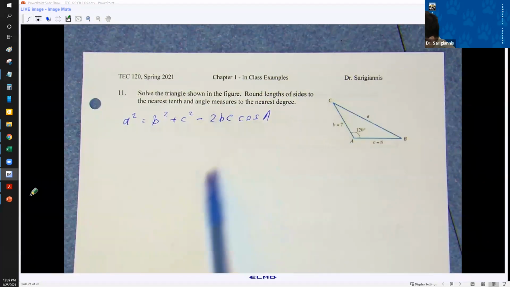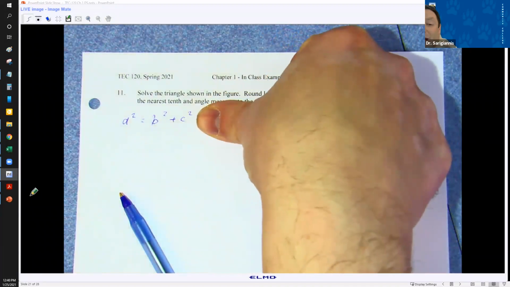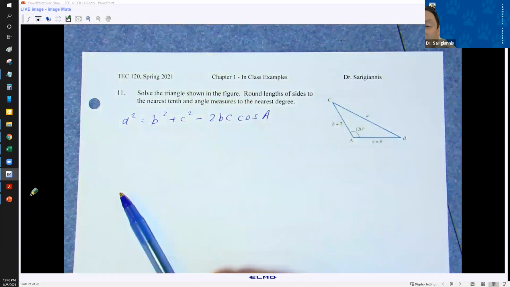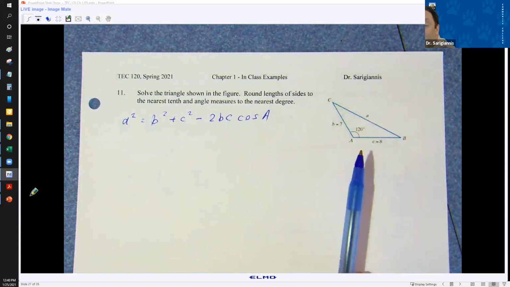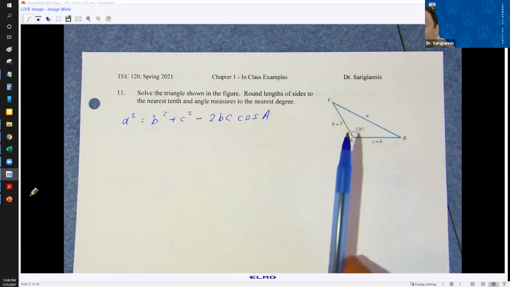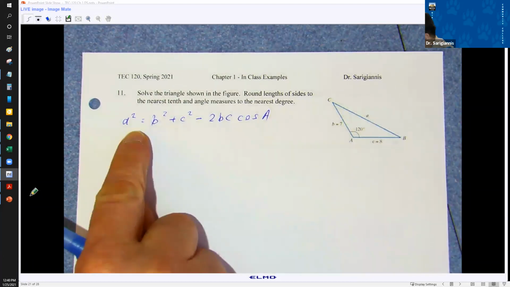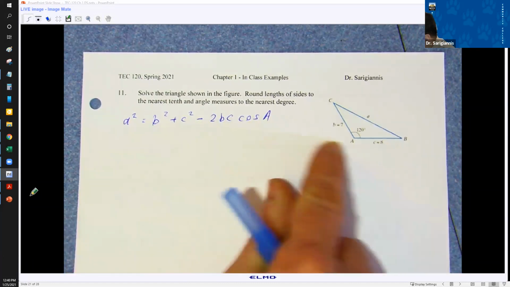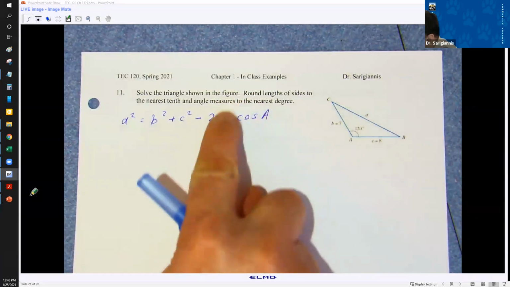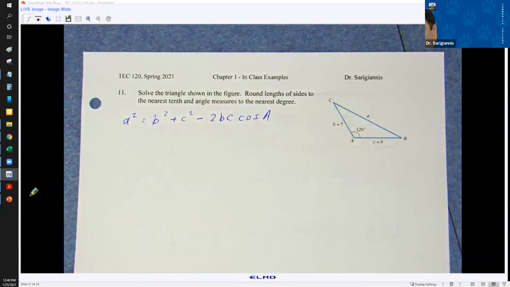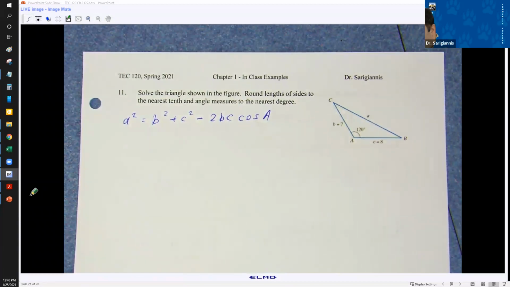So this term basically would disappear for a right triangle. And you wind up with the Pythagorean theorem, a squared equals b squared plus c squared, where a would be the hypotenuse, and b and c would be the sides that are at 90 degrees to each other. So this is accurate for every triangle. It just so happens that for a 90-degree triangle, if this angle were 90, this whole term becomes 0, goes away, and you're just left with the Pythagorean theorem. So if you know law of cosines, you know the Pythagorean theorem as well.